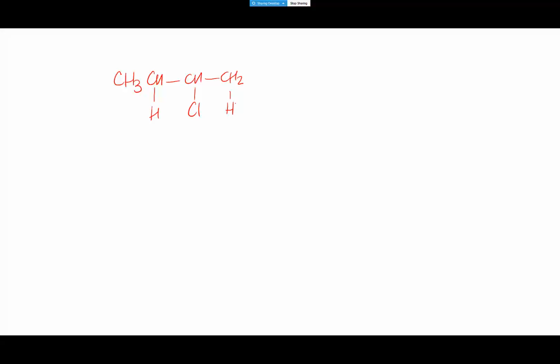This is the molecule I like. Alpha carbon, beta carbon 1, beta carbon 2. Each of the beta carbons has hydrogen, so I'm good. This is beta hydrogen 1. This is beta hydrogen 2.